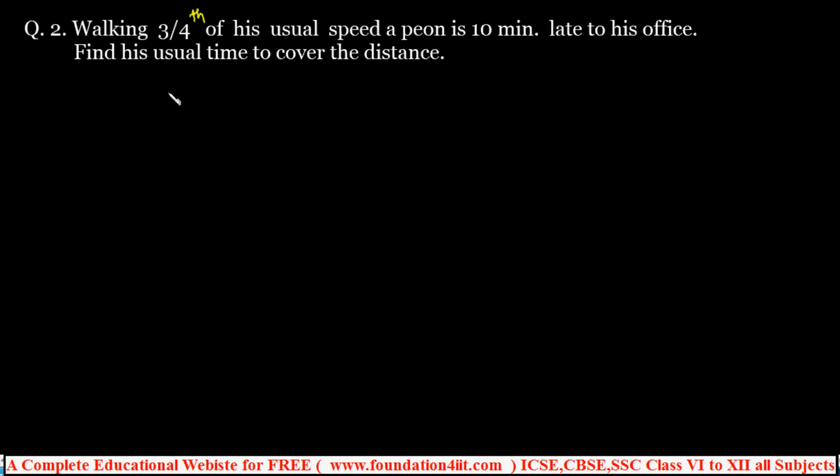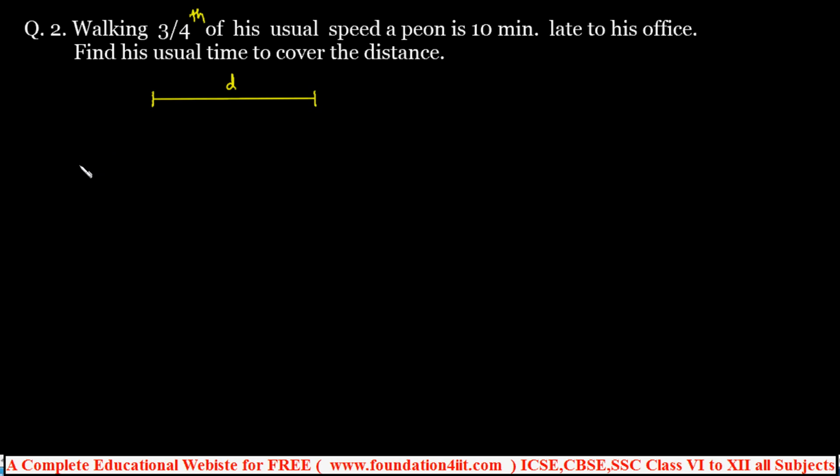For example, this is the distance he is supposed to go to his office. Normally if he travels the distance d, we need to find how much time it takes. But here he walks at 3 by 4th of his usual speed and is 10 minutes late.